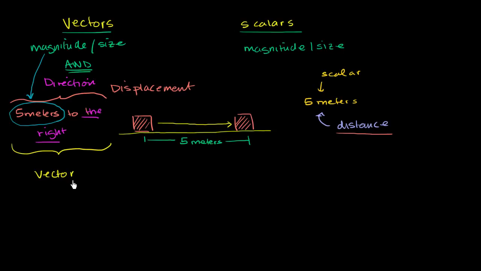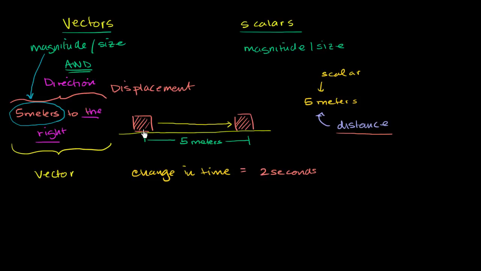Now let's explore this if we talk about the speed or velocity of something. So let's say that this 5 meters was traveled, and let's say that the change in time, because you're probably not familiar with what that means, when I moved this block 5 meters, was, let's say, 2 seconds.